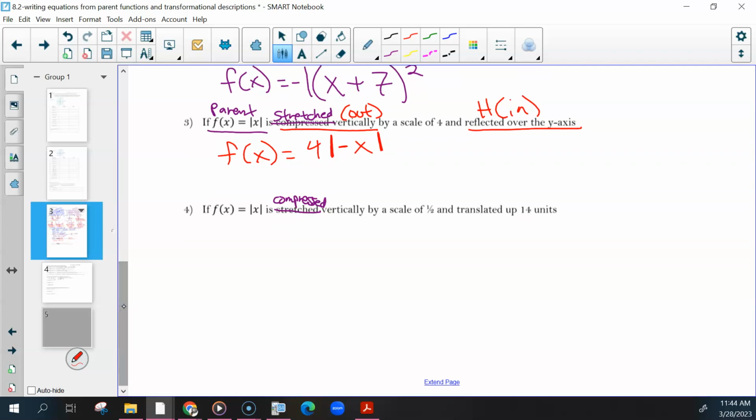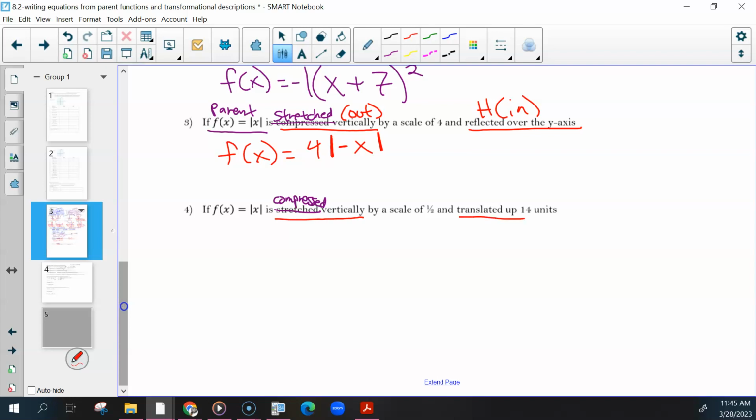And then for the next one, what transformation words do you see? It is compressed, and it says vertically. Also says by a scale of, so we know by how much. Any other transformation words? Translated and the of. Okay.